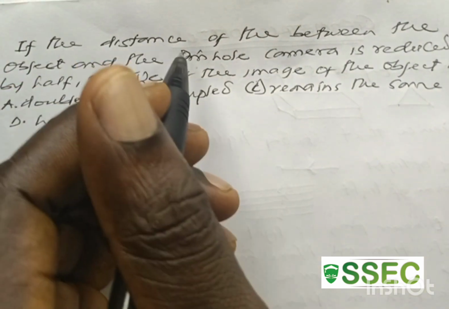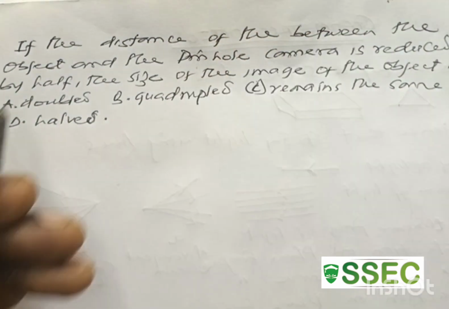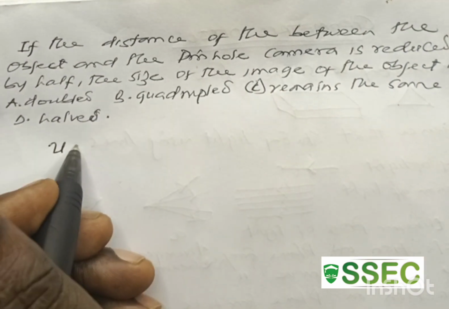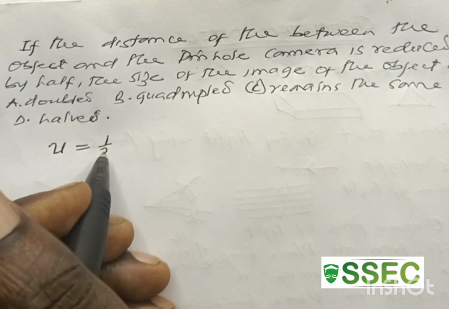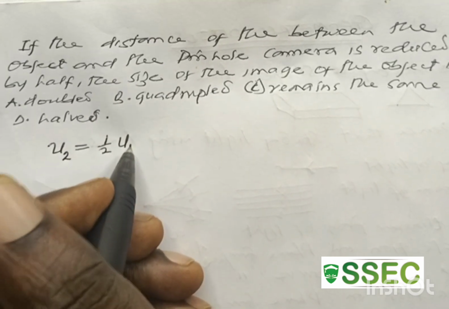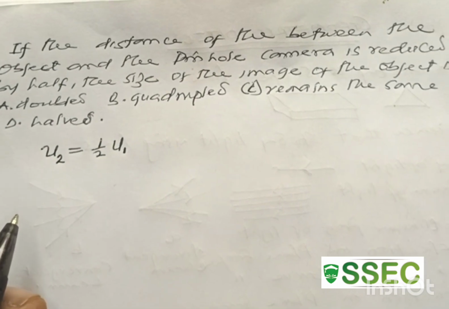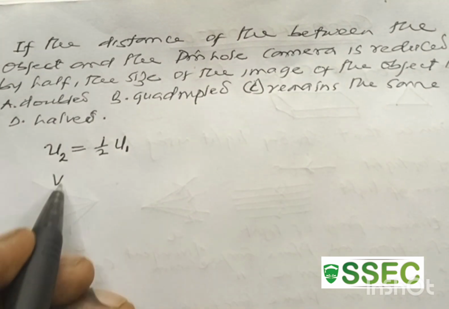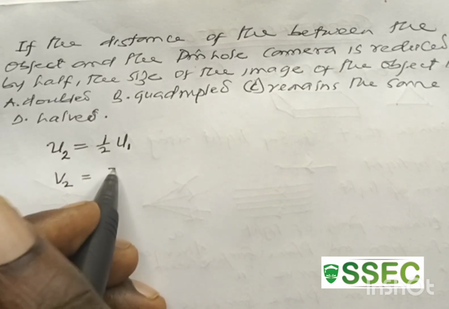So the question now says what? If the distance between the object and the pinhole, so object distance is reduced to half. So let's say the new object distance equals half of the first object distance. So what will be the new image distance?